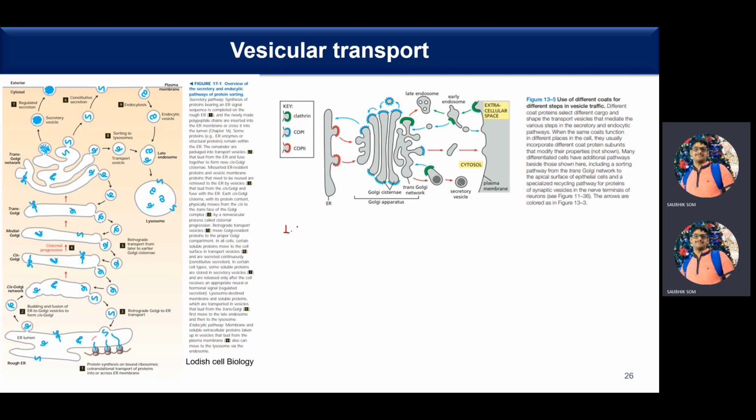One is endocytosis. Then two is exocytosis.